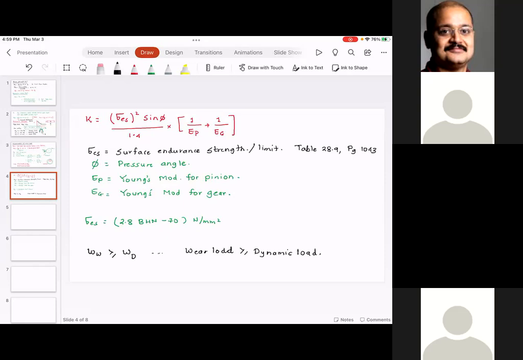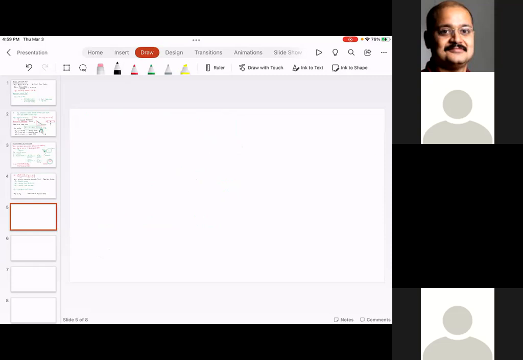However, the story does not end here, because one important aspect of gear design is designing the shafts. So just to give an example, say you have a gear, something like this. This gear is attached to the shaft, and there are different ways the shaft could be supported.